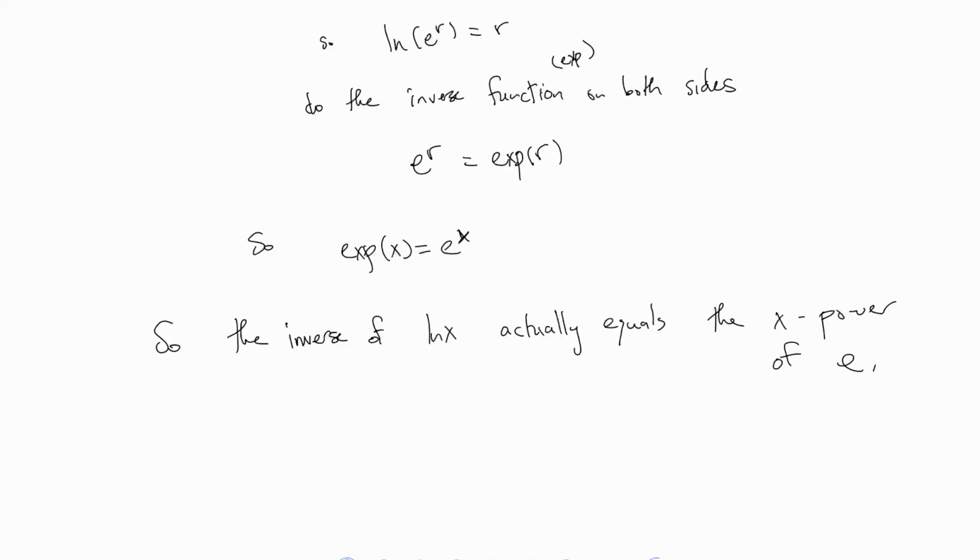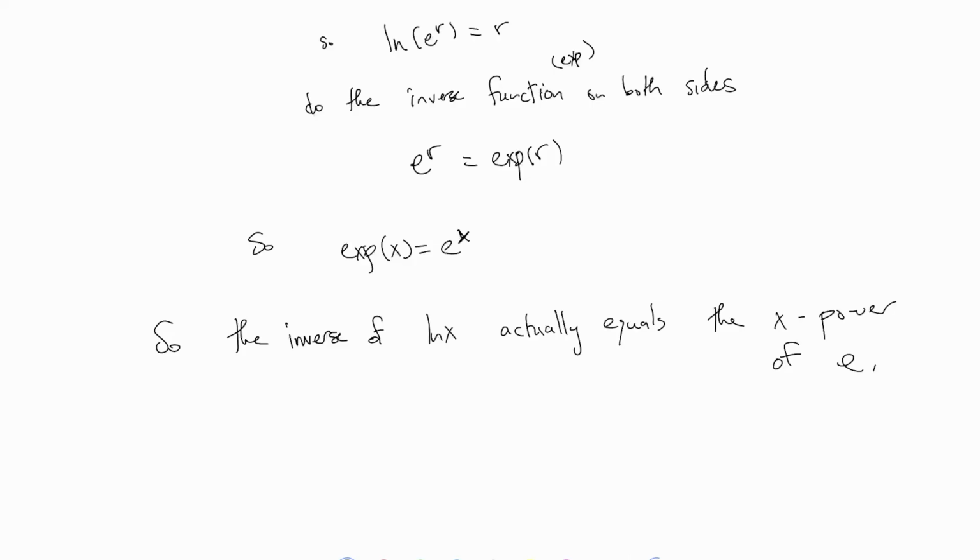This was not obvious at the very beginning when I just drew the picture of the inverse. You have no reason to think that that picture actually represents some number to some power, but it turns out it actually does, right? The inverse of the natural log actually is equal to some power of this special number e, all right?